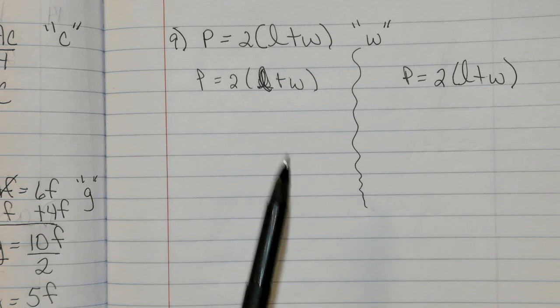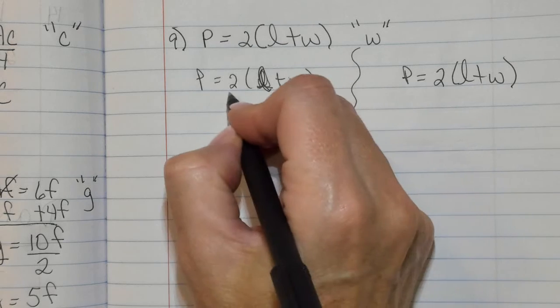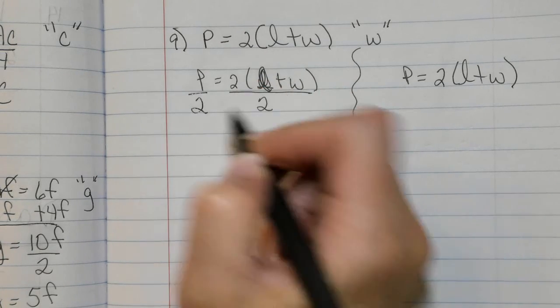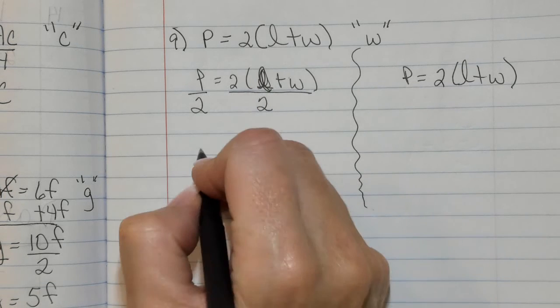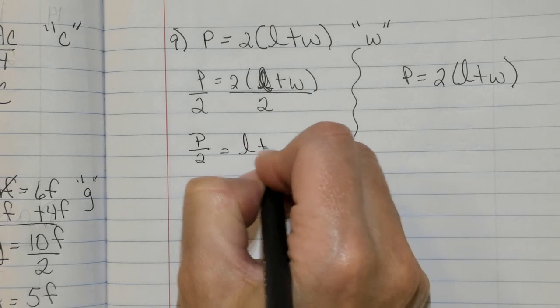All right, did anybody divide both sides by 2 first? Okay, Kaylee did. All right, so Kaylee, walk me through what you did. Mm-hmm.